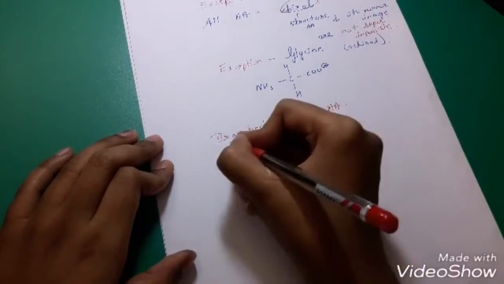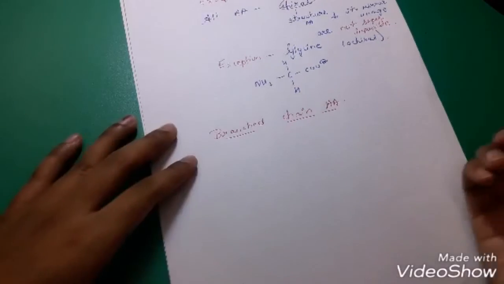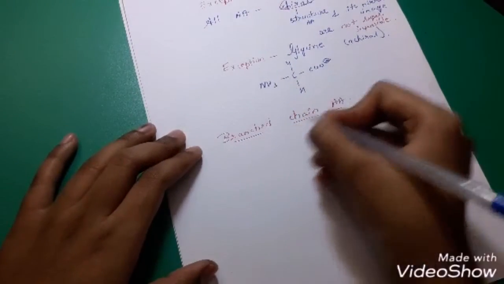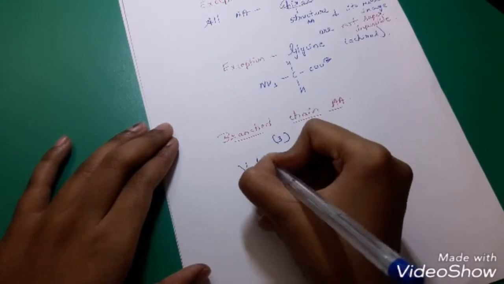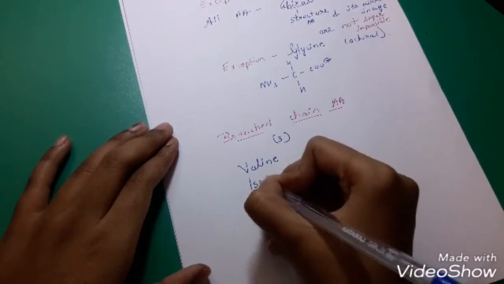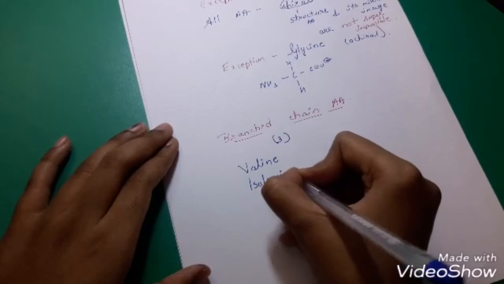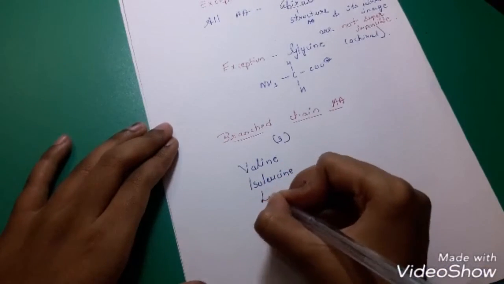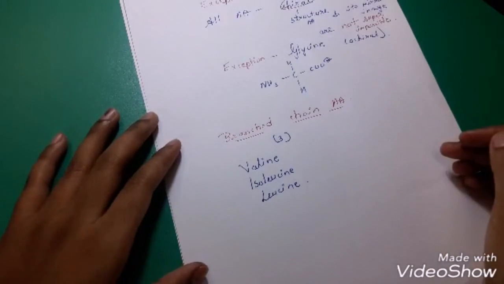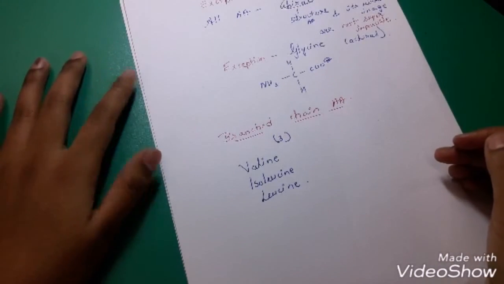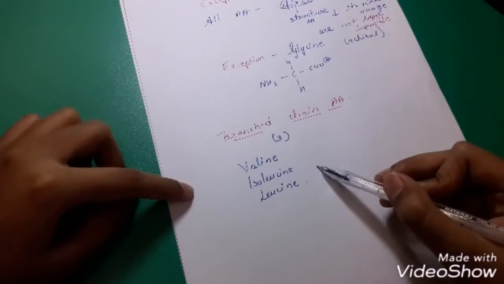We have seen this during the structure of amino acids, so we will do it again. There are 3 branched chain amino acids. The first one is valine, isoleucine, leucine. So I think it is easy to remember. No need of some mnemonics. So these are branched chain amino acids.